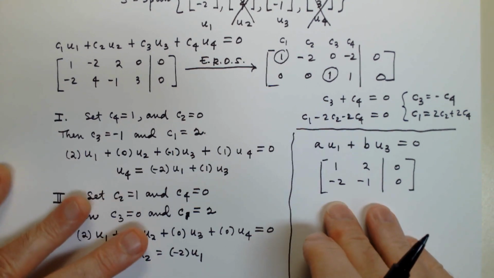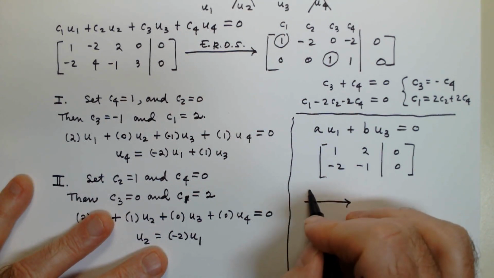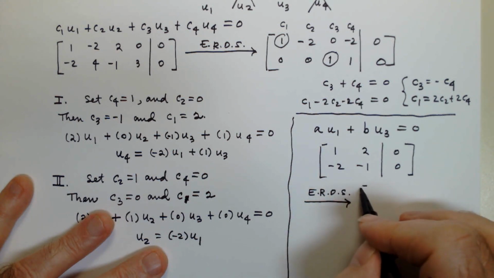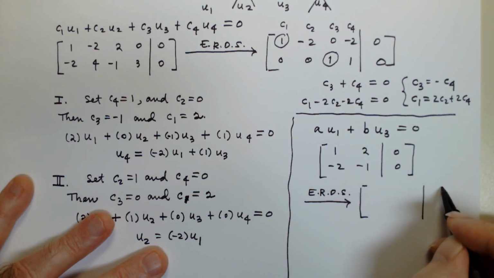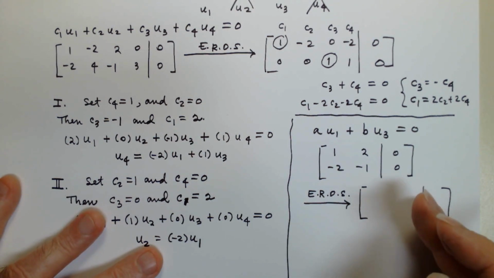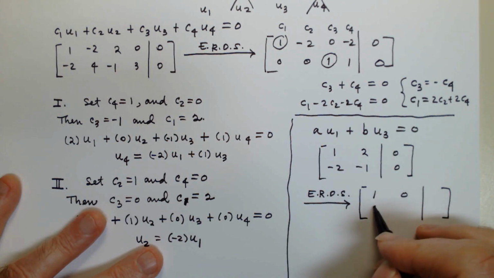Now I'm going to row reduce this matrix. I'll show you the answer, and that we already knew this. It row reduces to this.